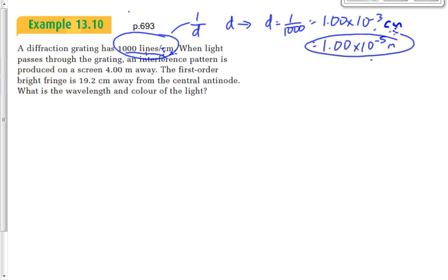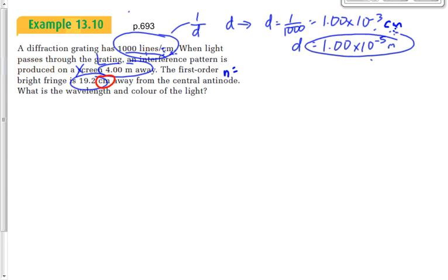So we got D. D is 1.0 times 10 to the minus 5 meters. This is going to be L. This is going to be X, although we're in centimeters. We want meters. The first order bright fringe, the central antinode, we're going to say N is going to be equal to, is an antinode a bright spot or a dark spot?